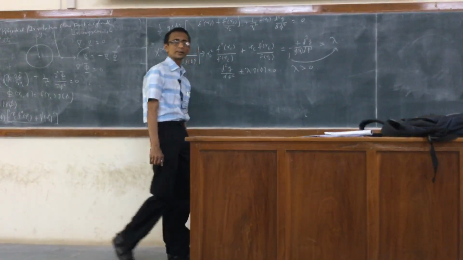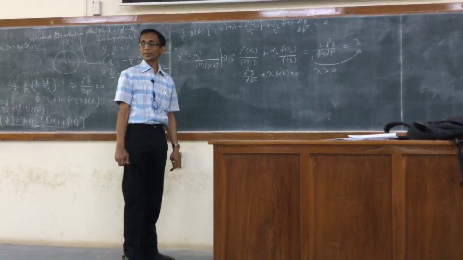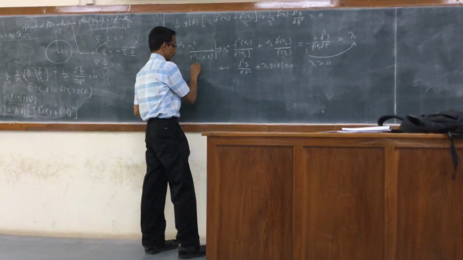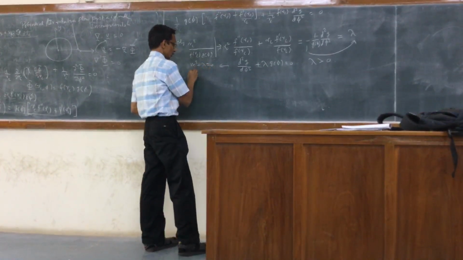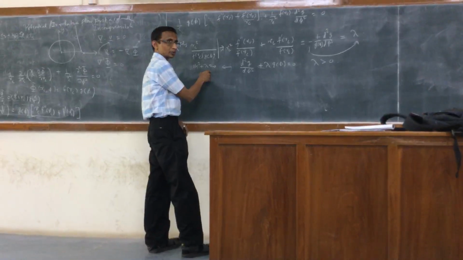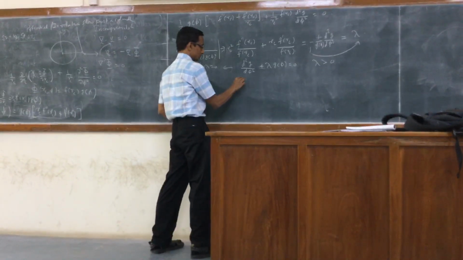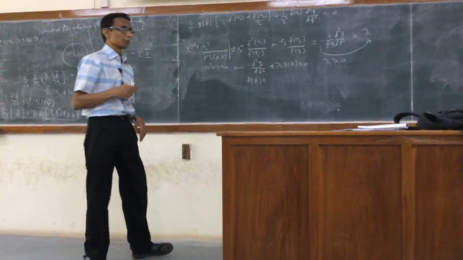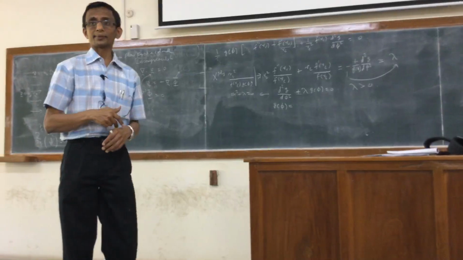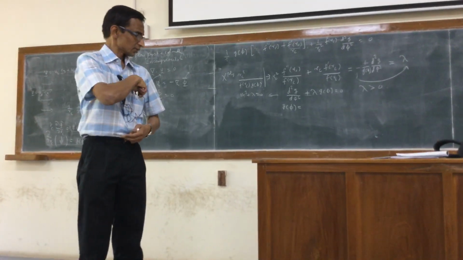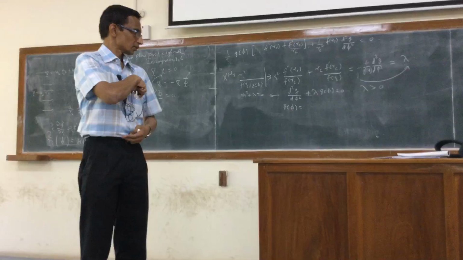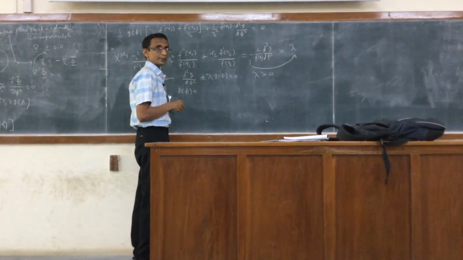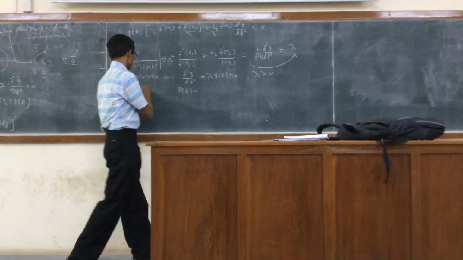I'm going to consider only the case where lambda is greater than 0. In that case, the characteristic equation for that would be m squared plus lambda equals 0. So the roots of the characteristic equation will be complex. So I can write that d of phi is some combination of cosine and sine function. So d of phi can be written for the case of lambda greater than 0, where the roots are complex.